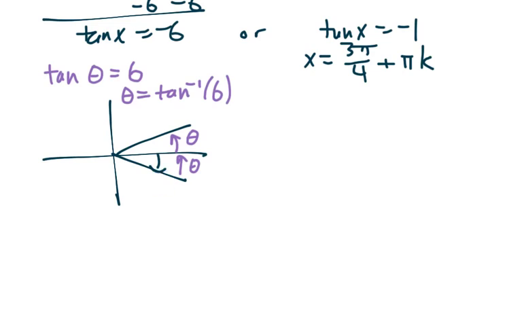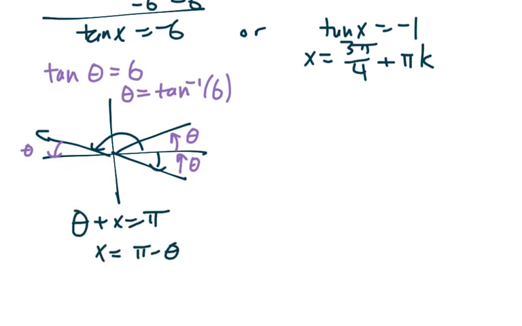Or, for tangent, I could also ask about the second quadrant, as we just saw. Since the period of tangent is just pi, I could pick either one of these. We're going to go ahead and do the second quadrant, just for funsies. So here, we're going to have this. Here's going to be our x, and this is our reference angle, theta. You'll notice that this angle, x, plus this angle, theta, add up to pi.